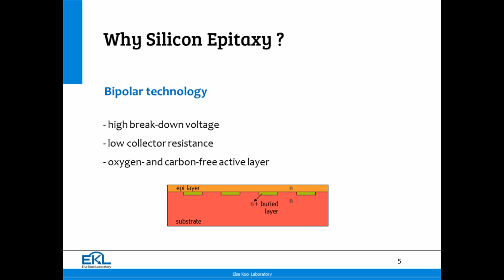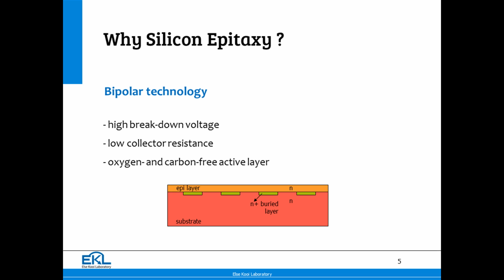Here's a substrate, arsenic buried layers that are diffused in the substrate, and now we put a lightly doped epilayer on top. Then the transistor is made in the epilayer. The high resistivity of the epilayer provides the high breakdown, and there is a low resistance current path through the buried layer that allows you to draw a lot of current through the transistor without too much of a voltage drop.